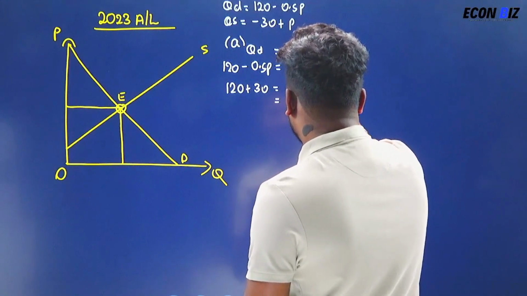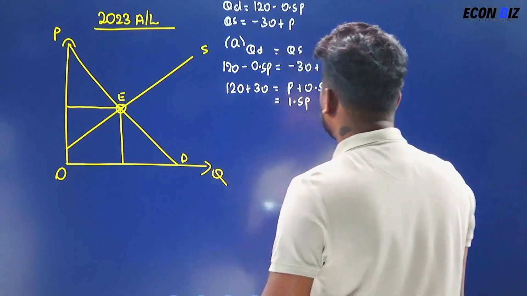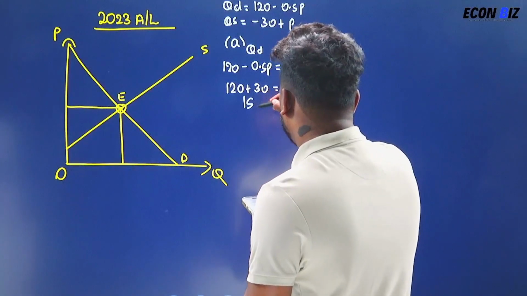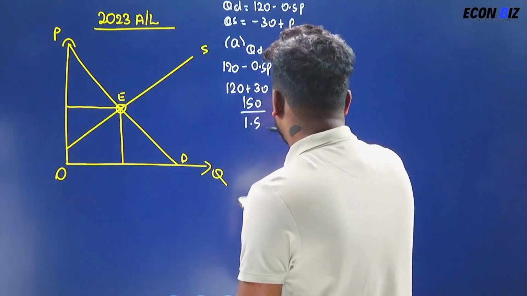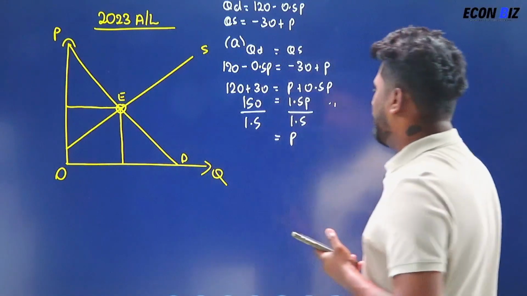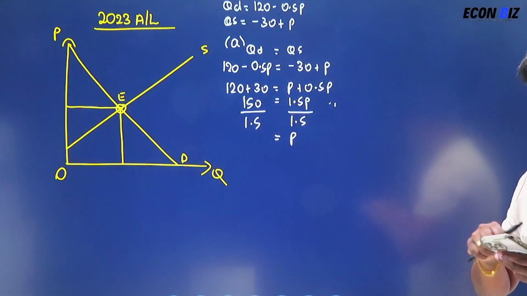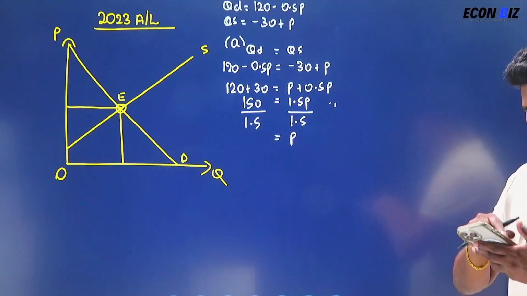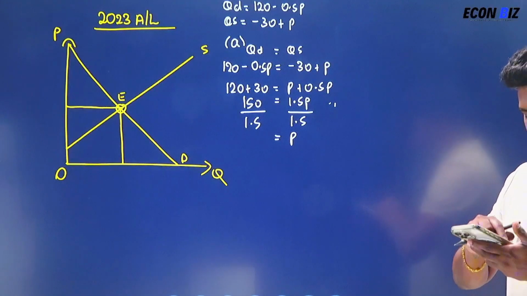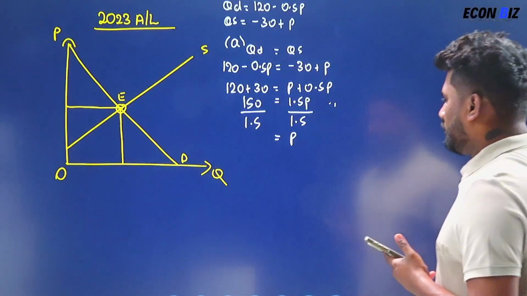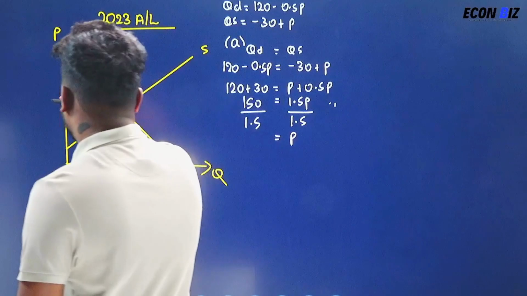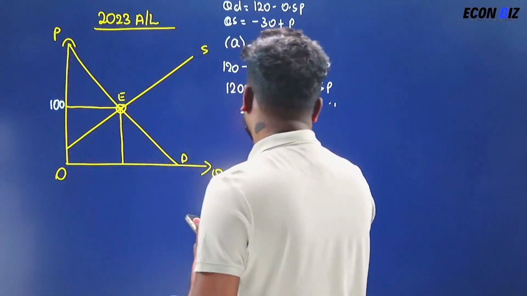So this is 1.5p, this is 150. Both sides divided by 1.5, you are getting an answer of 100. 100 is your equilibrium price.